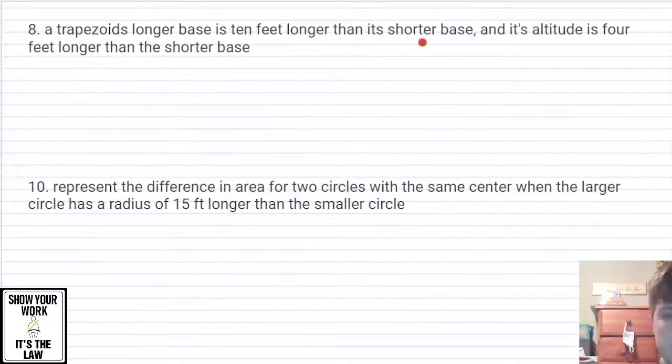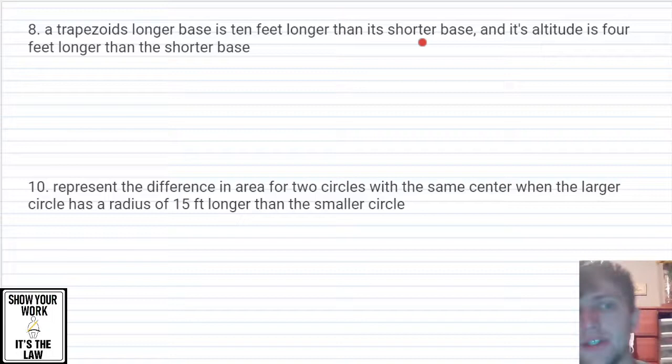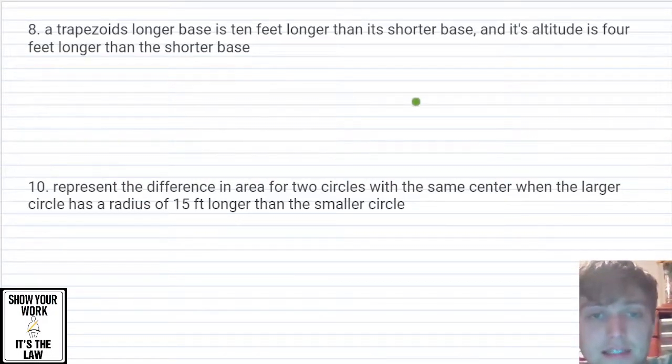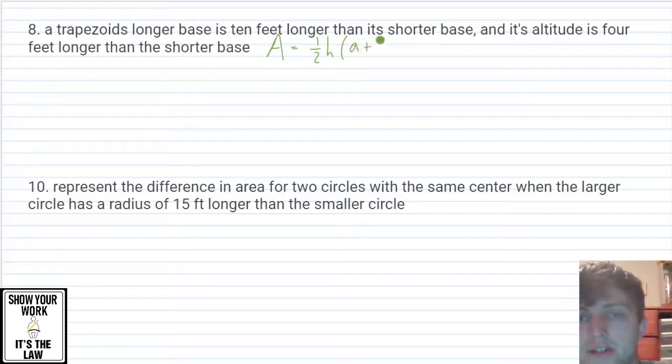All right. Number 8, we're dealing with a trapezoid. So let's get the formula for the area of a trapezoid, and that is going to be 1/2 height. Area of a trapezoid equals 1/2 of the height times (a plus b).